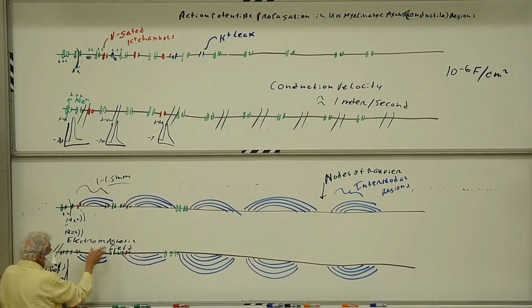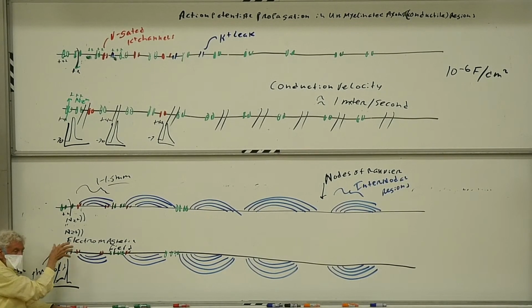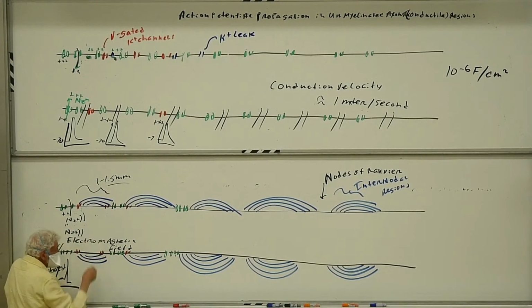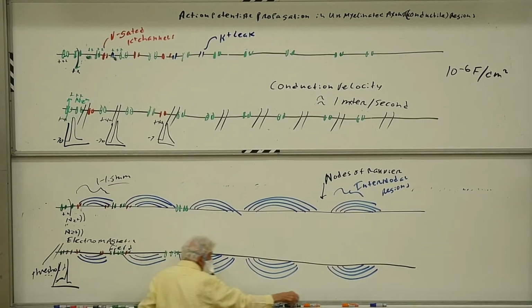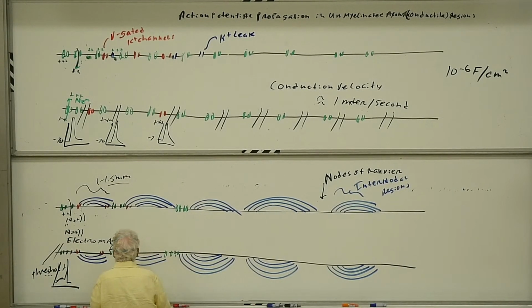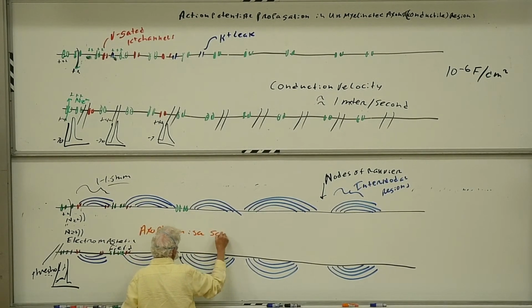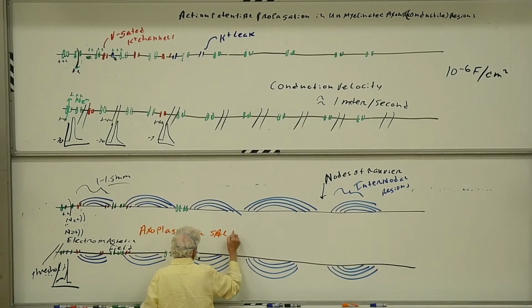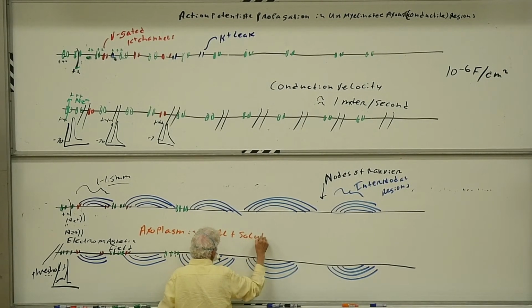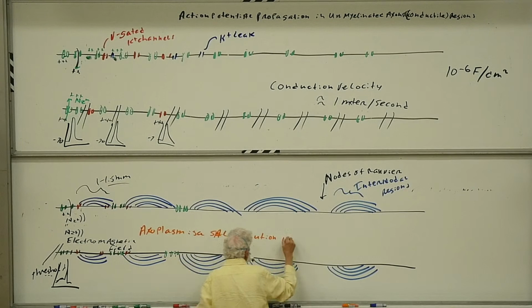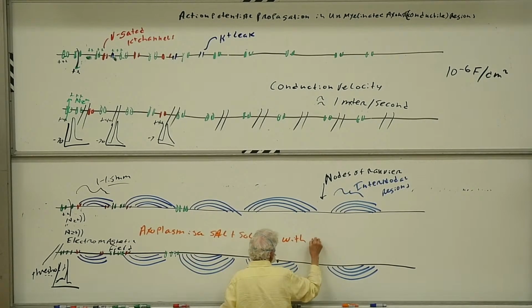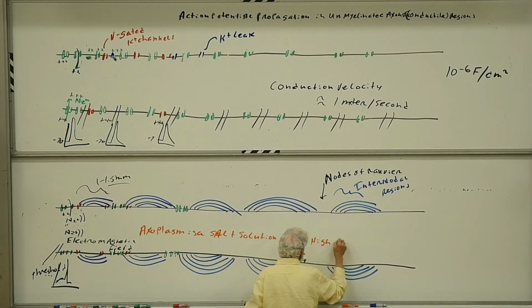So this electromagnetic field, the field is now propagating through the salt solution in the axoplasm, because the axoplasm is a salt solution with high conductivity.